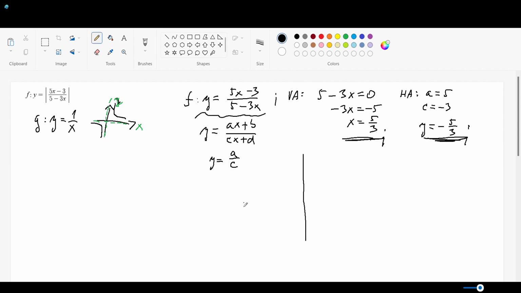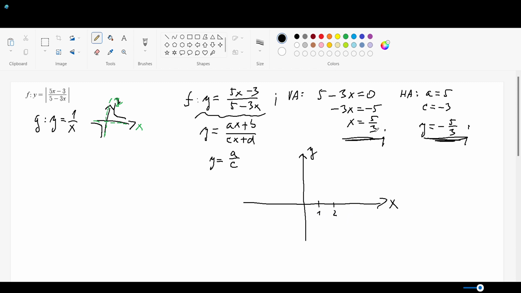We sketch our xy plane, then let me draw the asymptotes in green. Our vertical asymptote goes through, and I need some points here. Let's say here is number 1, here is number 2.